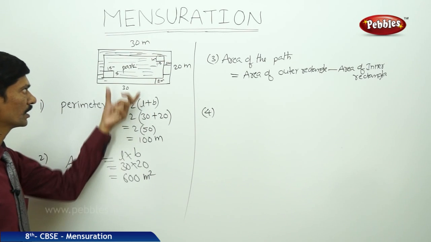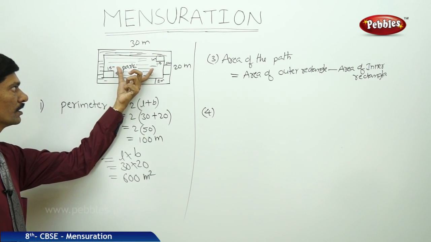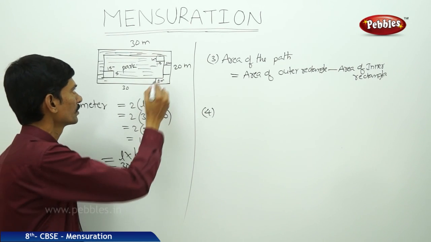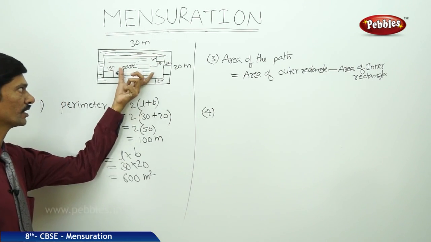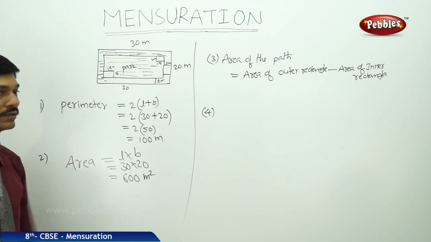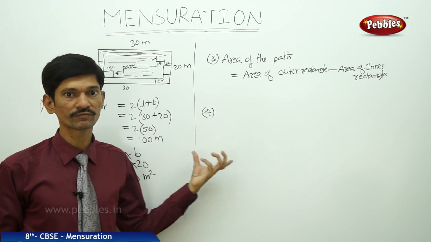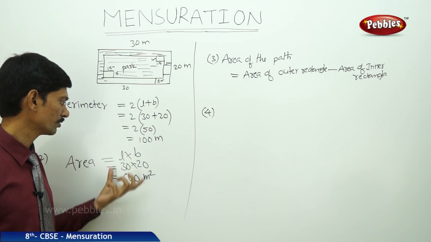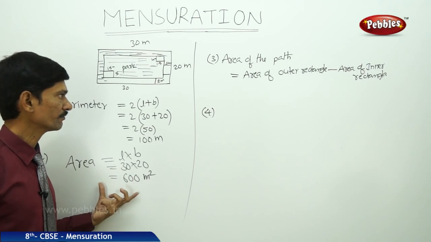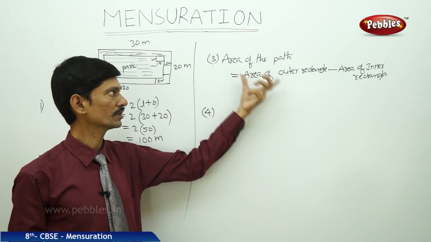We have to find the area of these two rectangular flower beds, then subtract this from the area of the park. So here we are using different formulas: the perimeter formula, the area formula, and the area of the path.